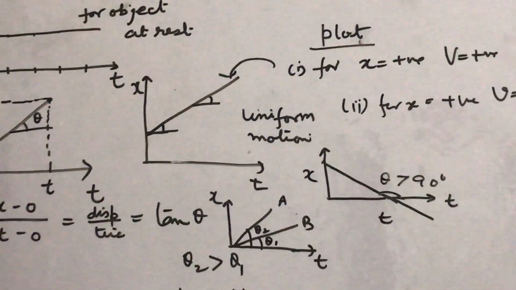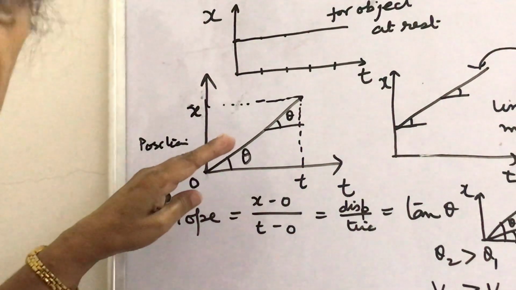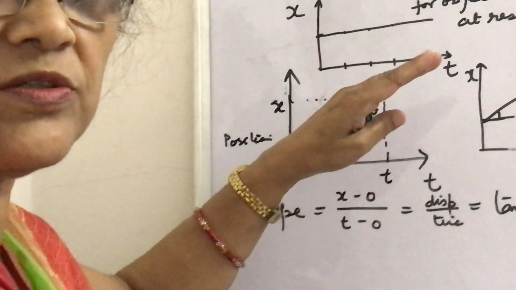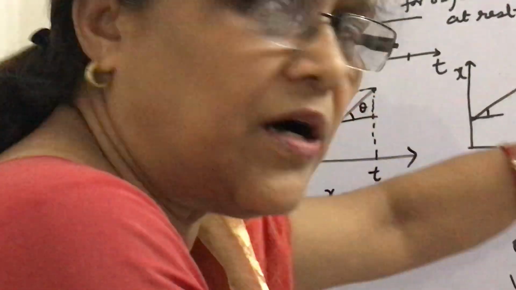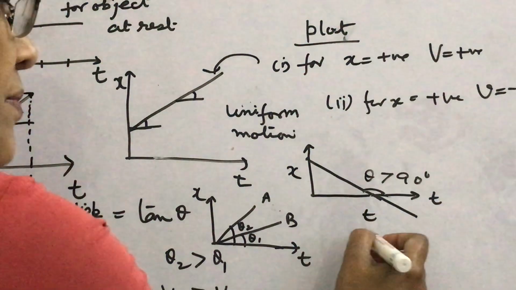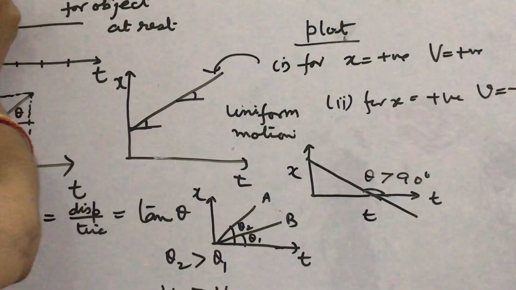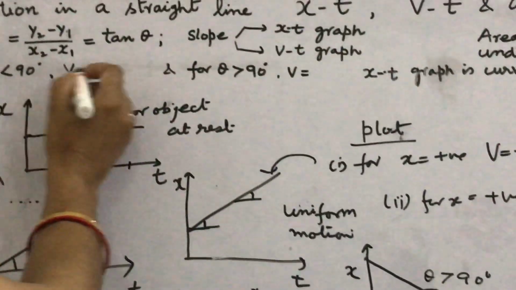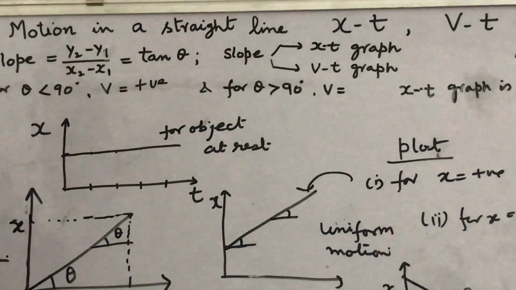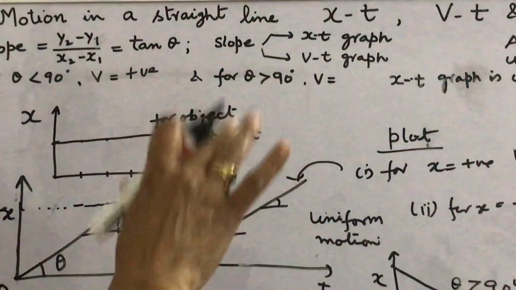And how will you learn it? You have used staircases: whenever you go up, it is a positive slope, and whenever you come down, it is a negative slope. So here, if theta is less than 90, then velocity is what? You will say positive. I have written some points here, you have to learn like this.